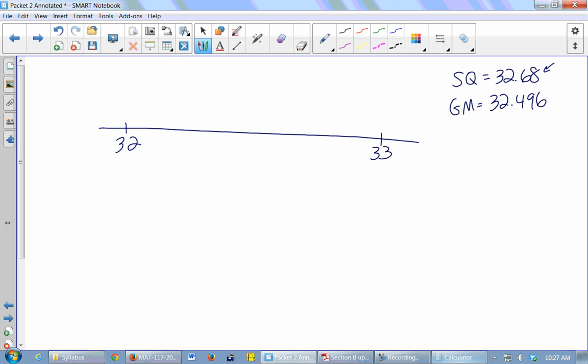So we put this number on my number line, 32.496. This is my cutoff, right? And then you take your standard quota, 32.68. It's above the cutoff, so you round up. So 32.68 rounds to 33.